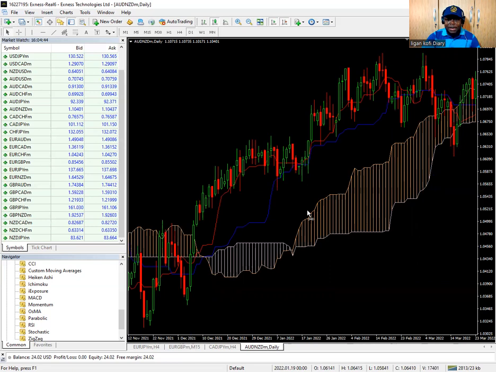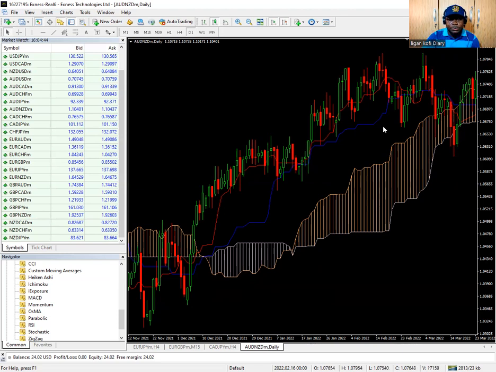Let me explain further. I want to take my time to explain this. Now, the Tenkan Sen, which is the moving average, and then this is the baseline, which is the blue line. So whenever the red line crosses the blue line up, when the price is still above, then it is what? A signal for you to buy.